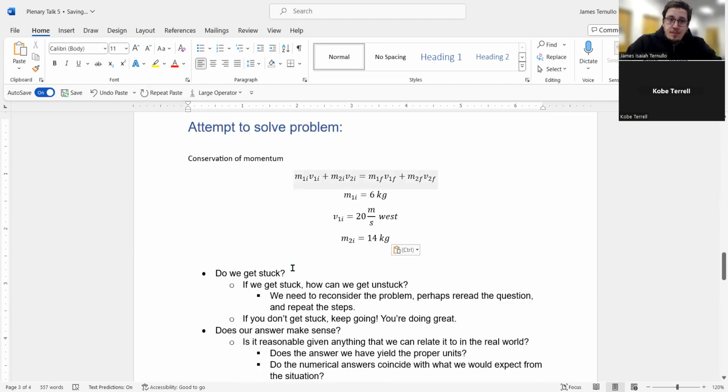All right. Now remember, we said in this problem, in the conceptual part, that our final momentum was 0.